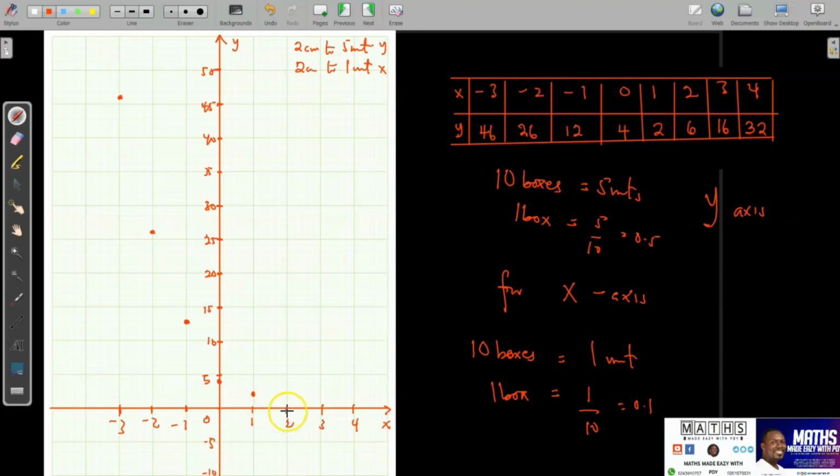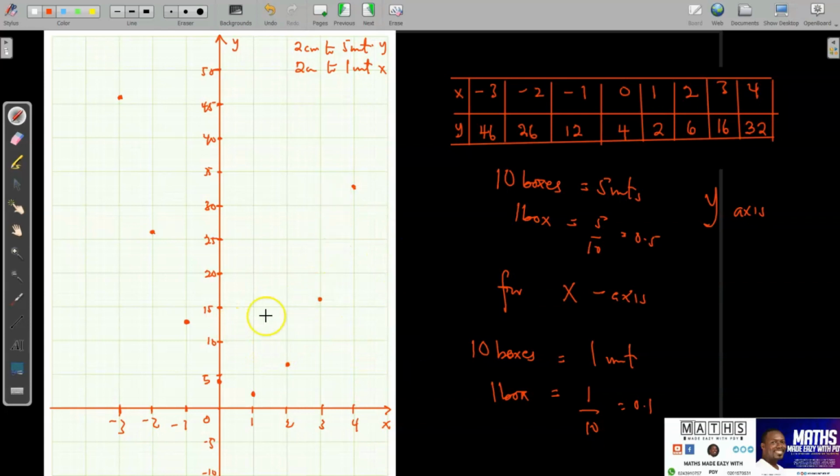Then we have 2 going with 6. 2 going with 6 will be somewhere here. Then 3 going with 16, which will be somewhere here. 4 pairing up with 32, which will go up all the way to somewhere there.